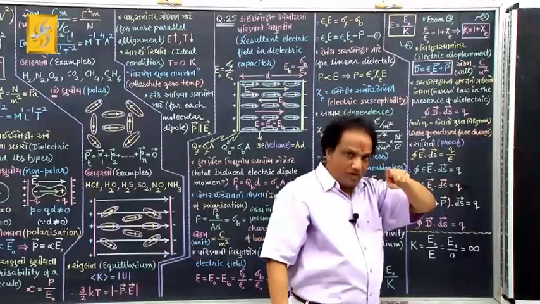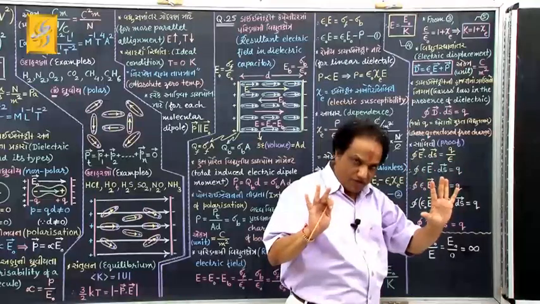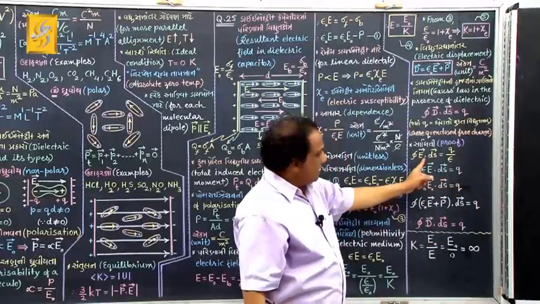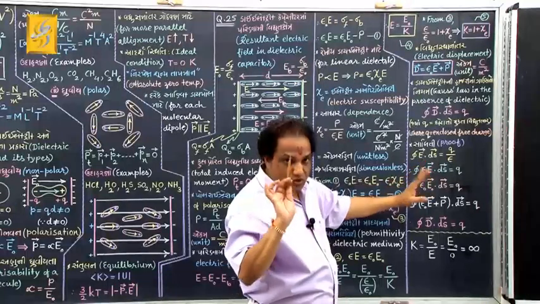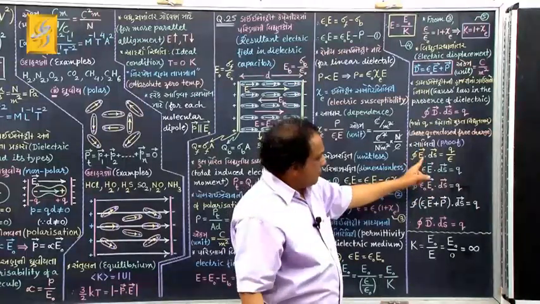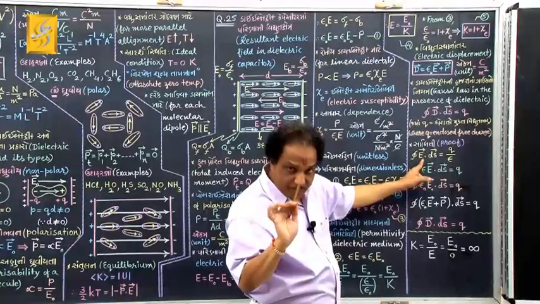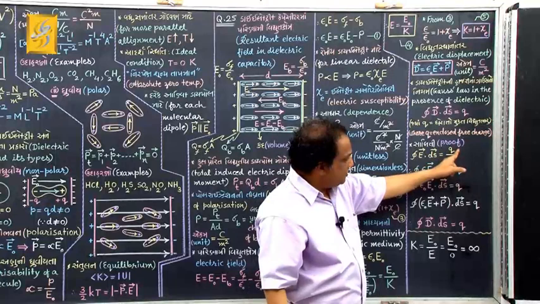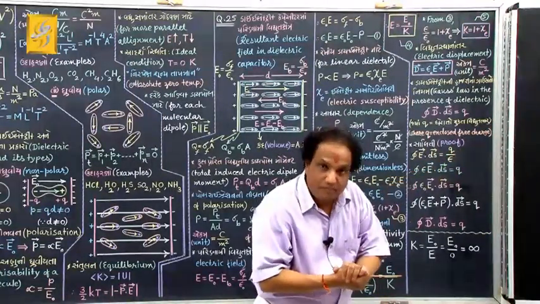Now you may have the question of why this is equal to this. Let me prove it. Nobody will ask you for the proof; I am just showing you for your mental satisfaction. Okay? Look here. Tell me what format of Gauss law you have remembered. Gauss law simply states that the electric flux linked with any closed surface is equal to the ratio of the charge enclosed by that closed surface to the permittivity of the given medium.